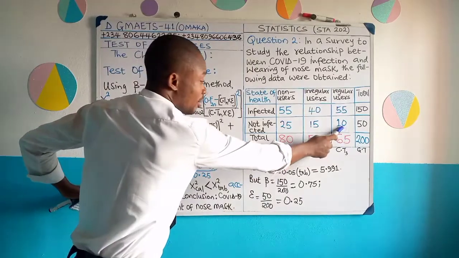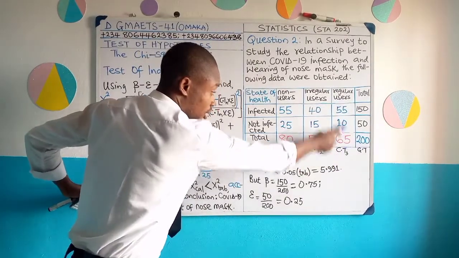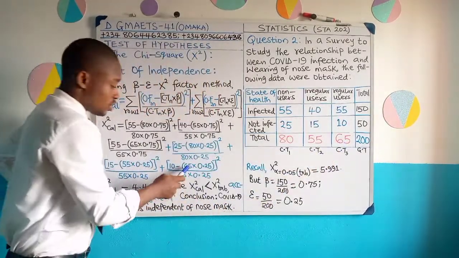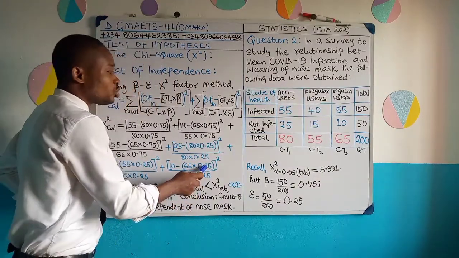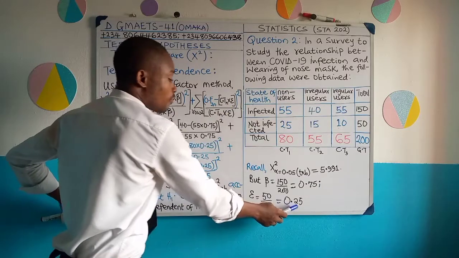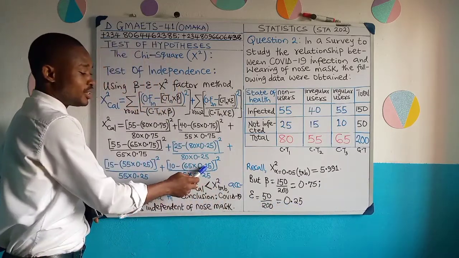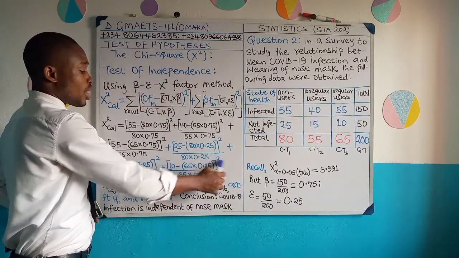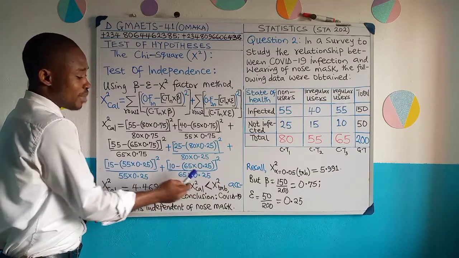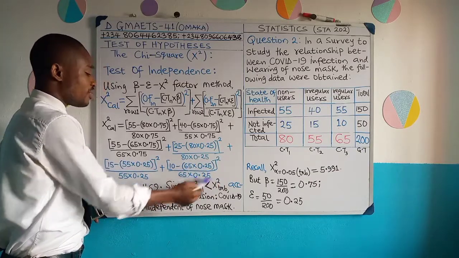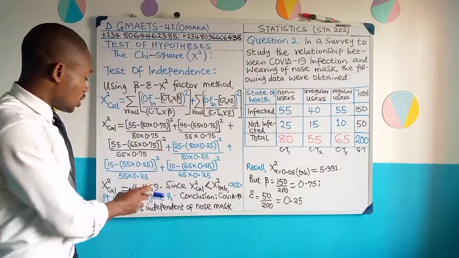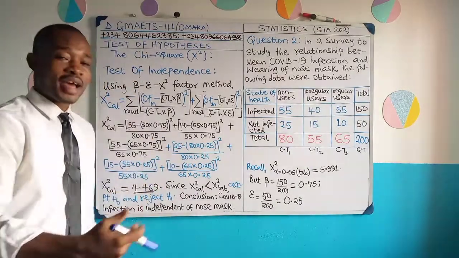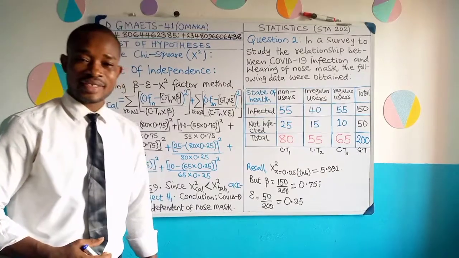Its column total, look at it, 65. So it's going to be 65 times the chi-square factor of that row. The chi-square factor epsilon of row 2 is 0.25. Enclose all the numerator in brackets, square it, and then divide by this part of the formula, 65 times 0.25. If you press this with the calculator, you're going to get 4.469 as chi-square calculated.